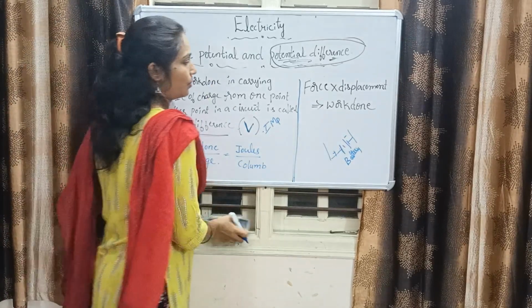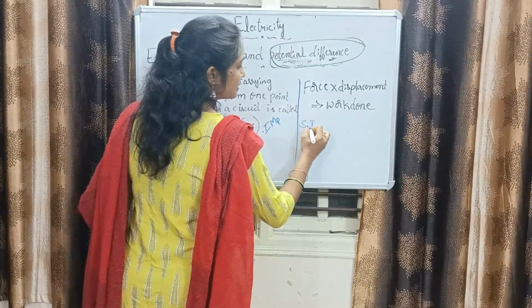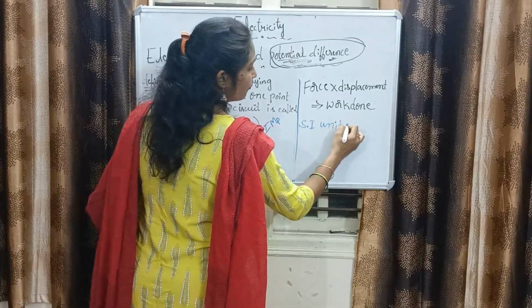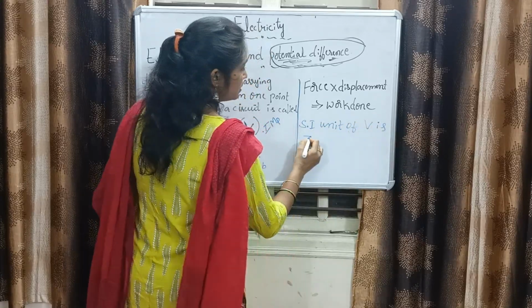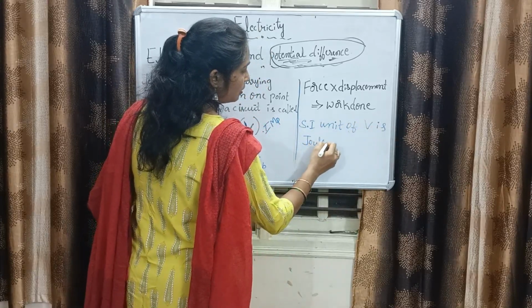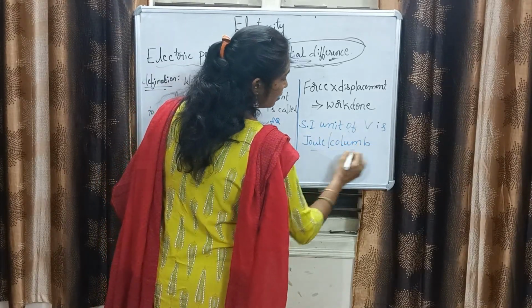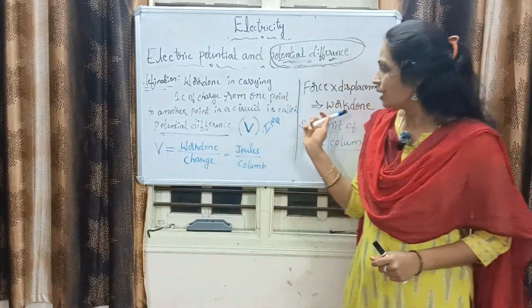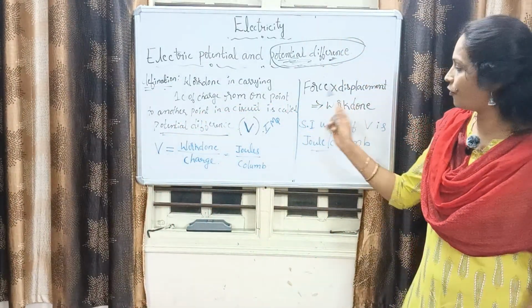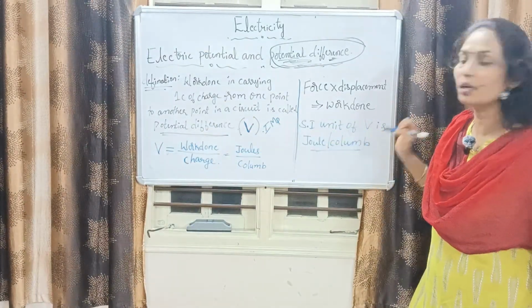So now tell me, what is the SI unit of potential difference? Joule per coulomb. That is, the SI unit for potential difference is given by joule per coulomb.